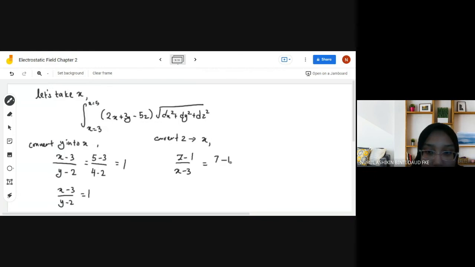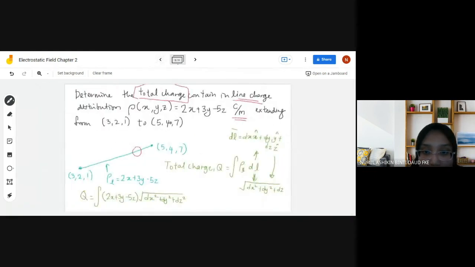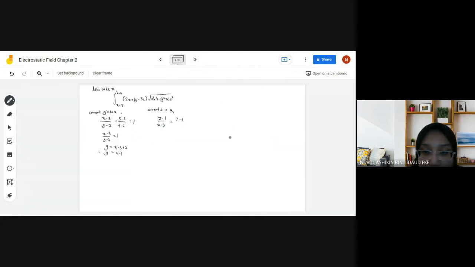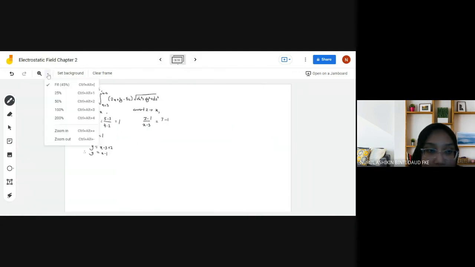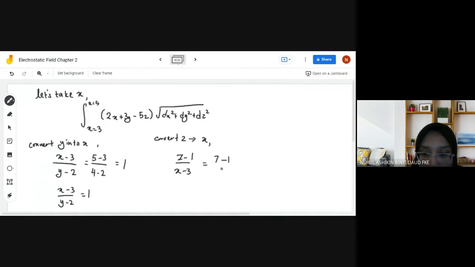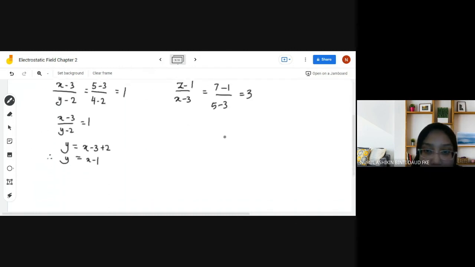Then 7 minus 1, which is the destination on the z-axis, over 5 minus 3. The numerator and denominator can be the other way around; it is not specific to x over y or z over x. It can also be y over x or x over z, and you will get the same equations.